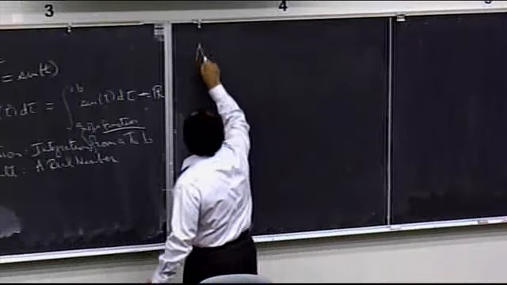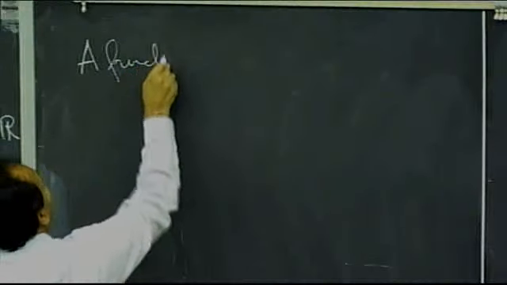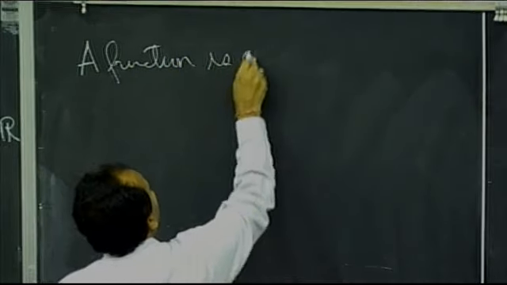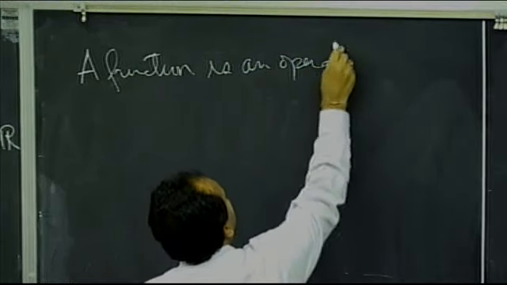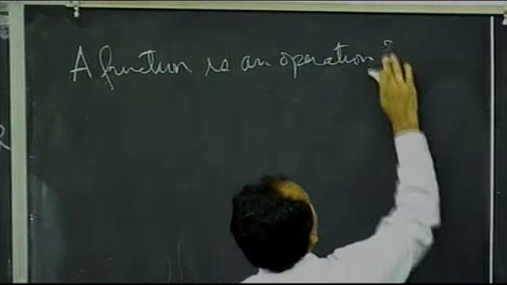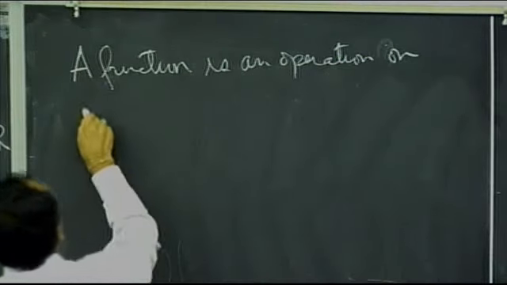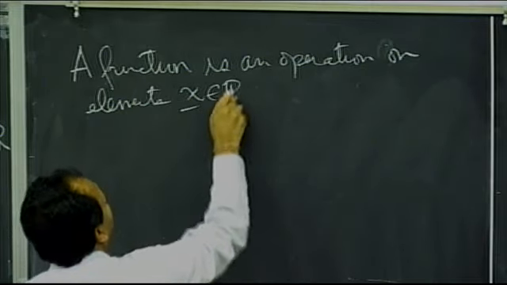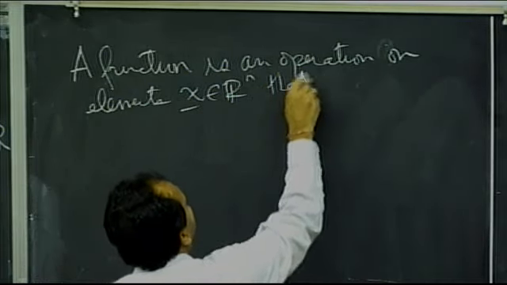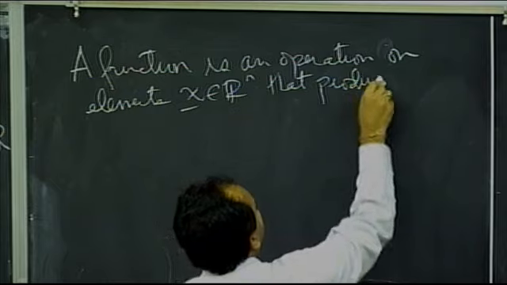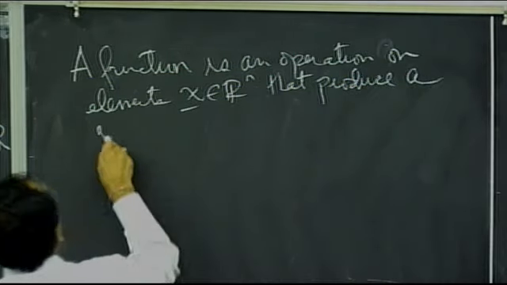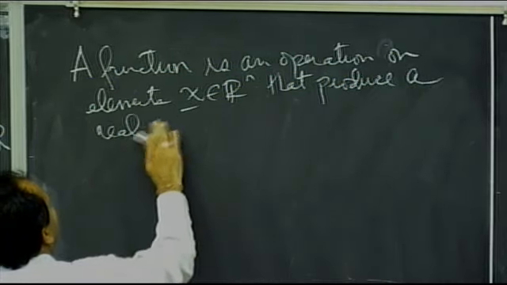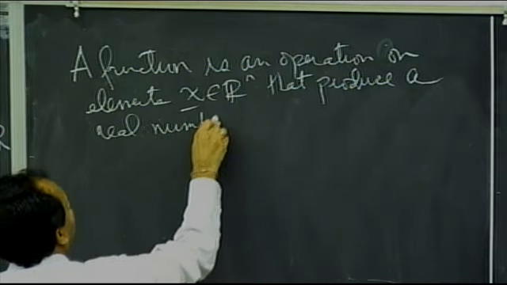This is the distinction that I'm trying to make: a function is an operation on elements x in Rn that produce a real number. That's a function, right?